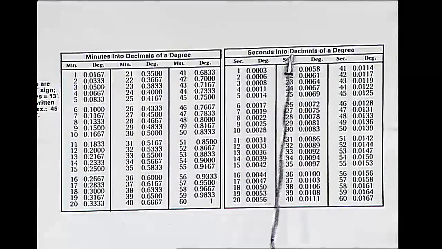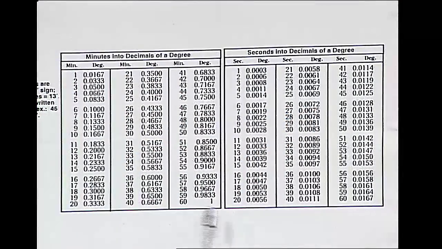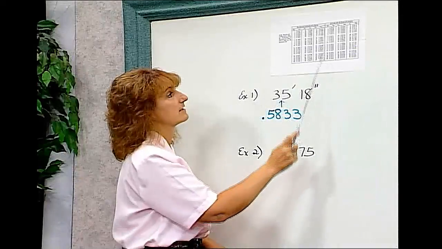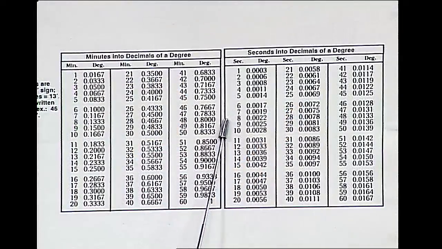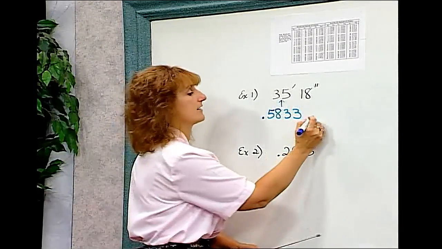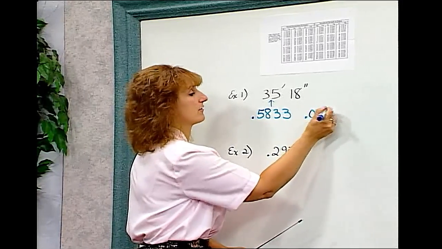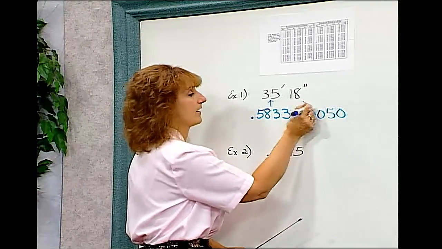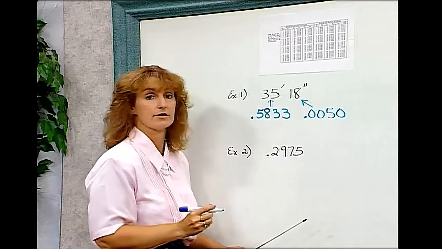So I go to the seconds part of this chart. I have 18 seconds, so I'm going down until I find 18, and I find out that it's 0.0050. So I'm going to write that, 0.0050. That's the seconds part.